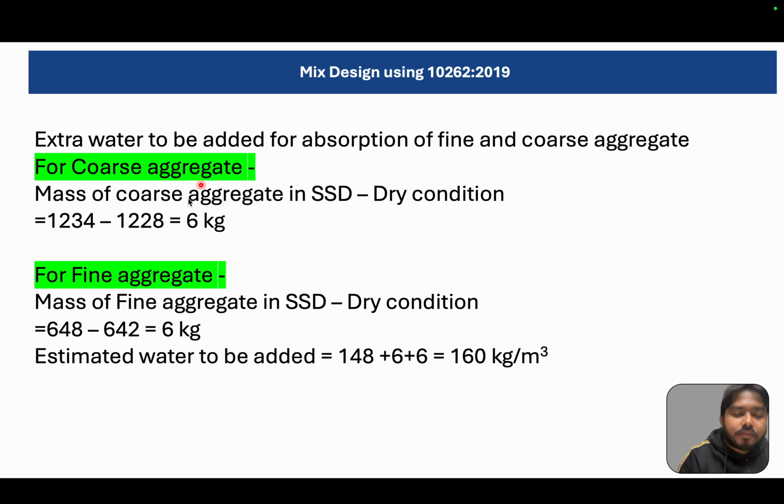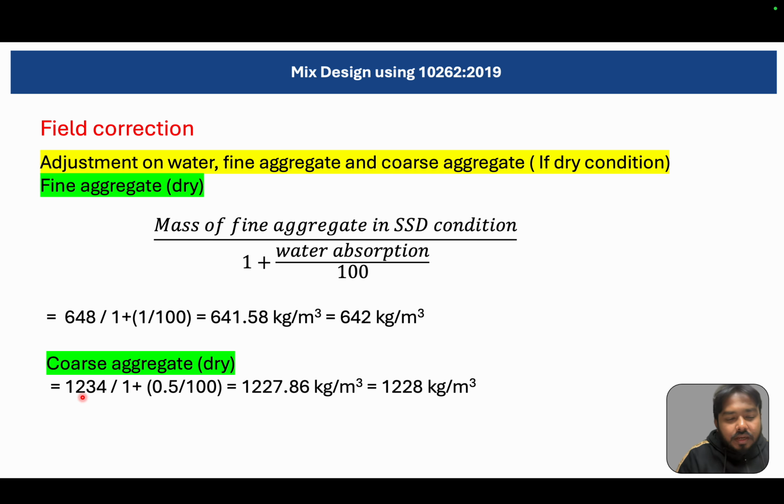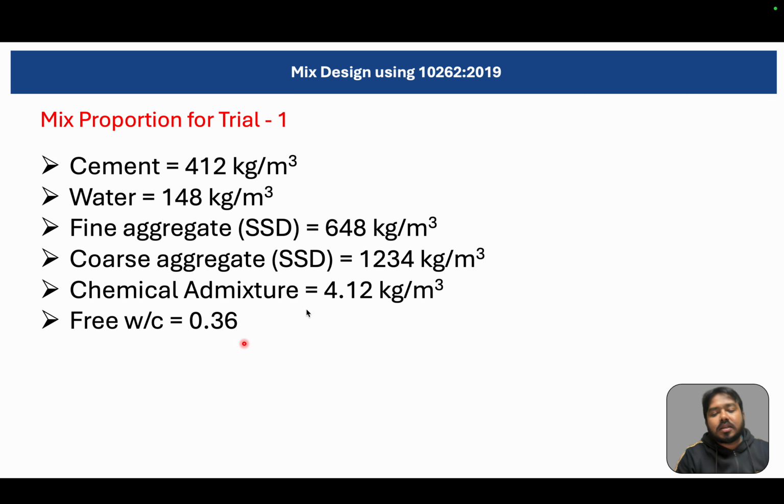Similarly, for the coarse aggregate, the dry condition is 1228 kg per meter cube, whereas in the SSD condition for trial mix one you are getting 1234 kg per meter cube. So you subtract SSD minus dry to get how much excess water is required for the coarse aggregate.